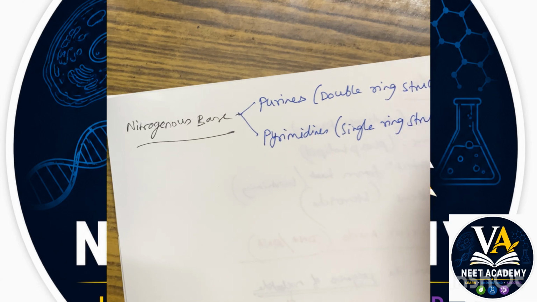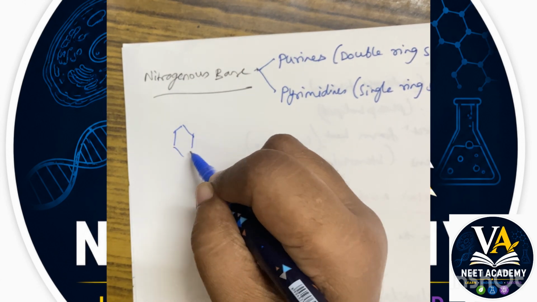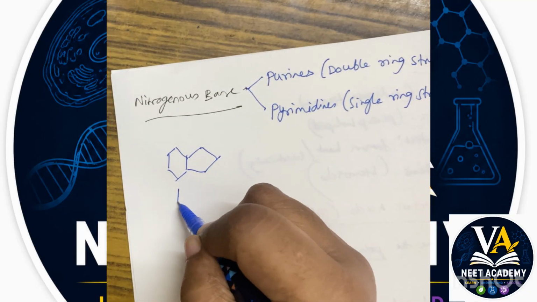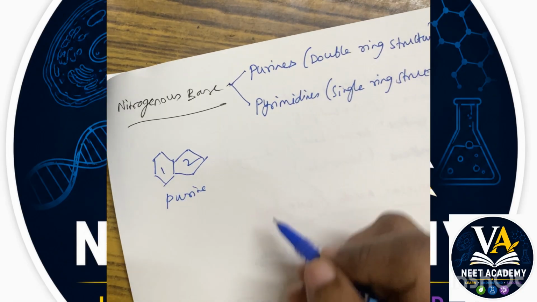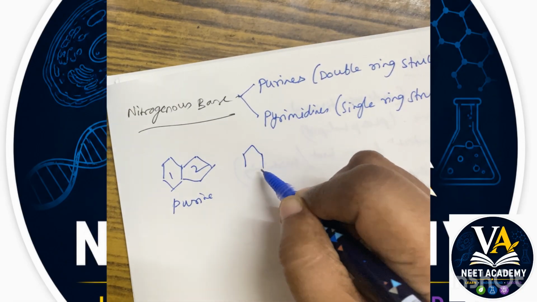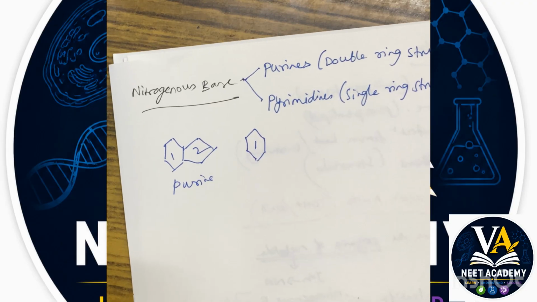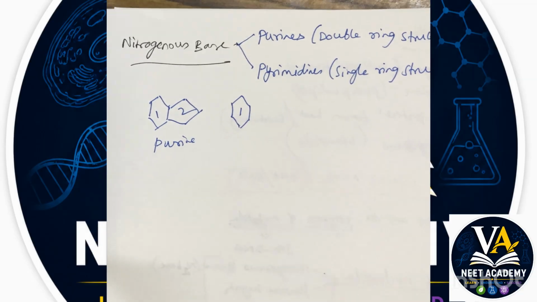Roughly, the skeletal diagram is something like this. This is purine, having one and two rings, and this is pyrimidine, having just one ring. This is the skeletal chemical diagram of a purine and pyrimidines.